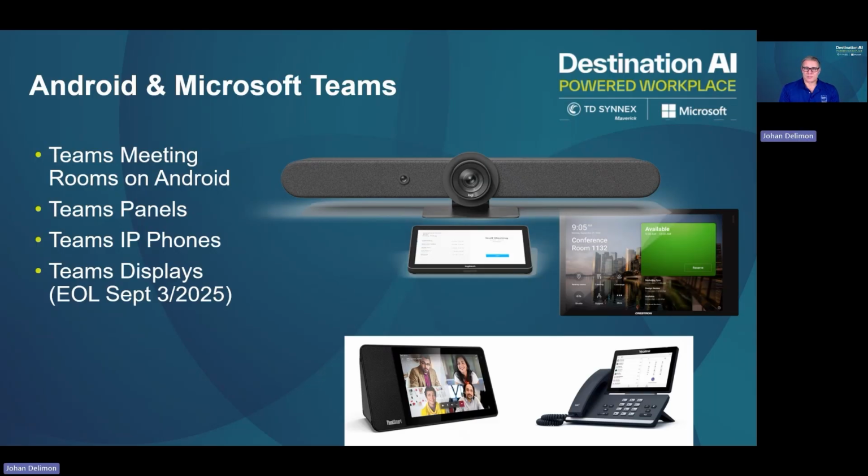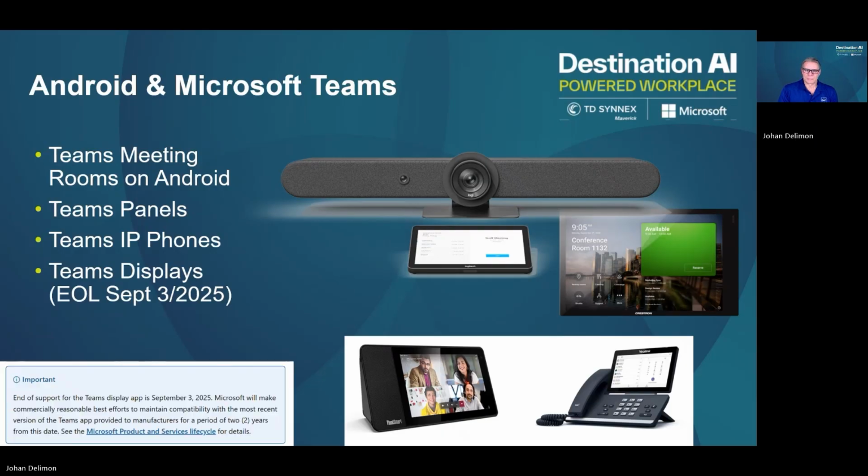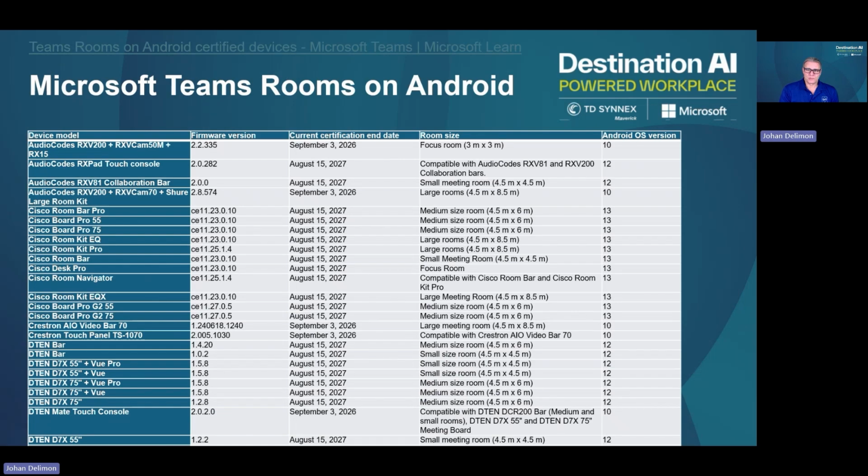All of the IP phones are also based on Android. And we used to have Teams displays, which have been end of life this year in September, so they don't work anymore. Again, for Android, we have this huge list of devices available on the Microsoft website. You can check it out.